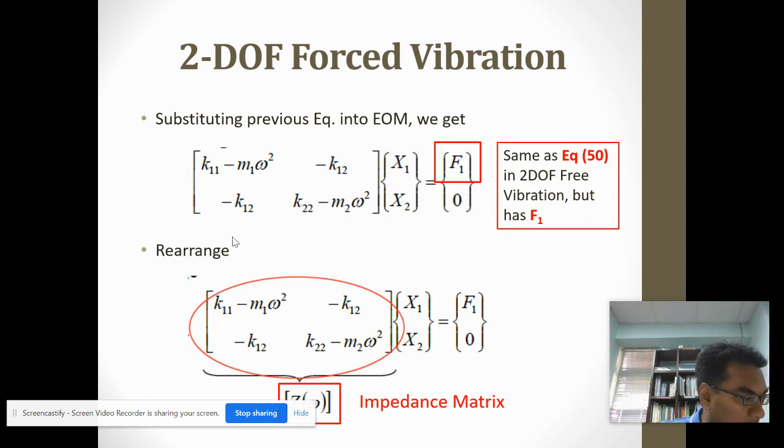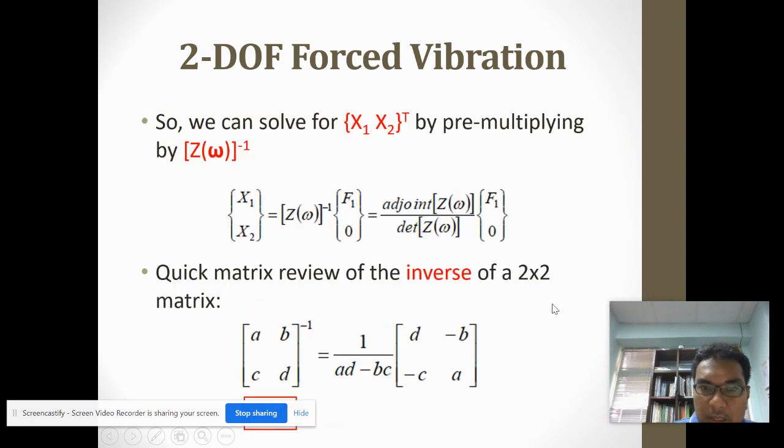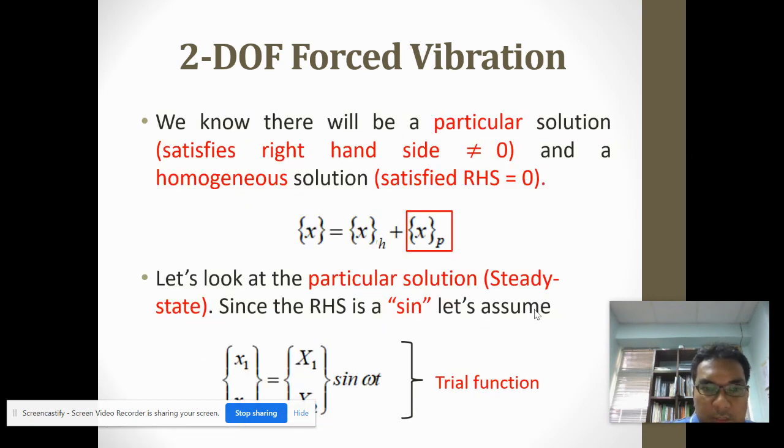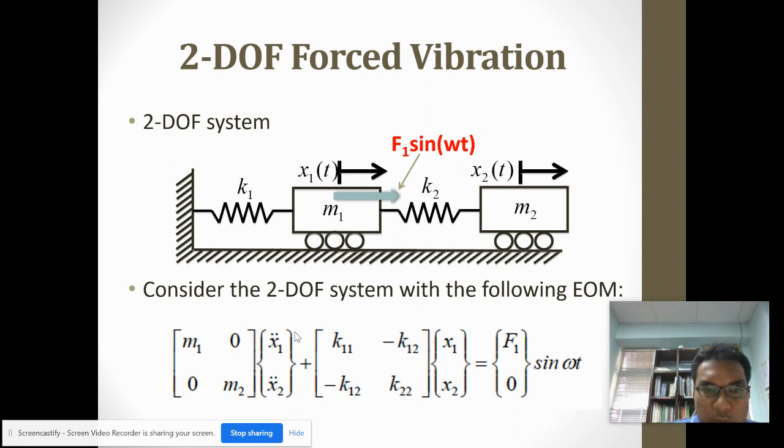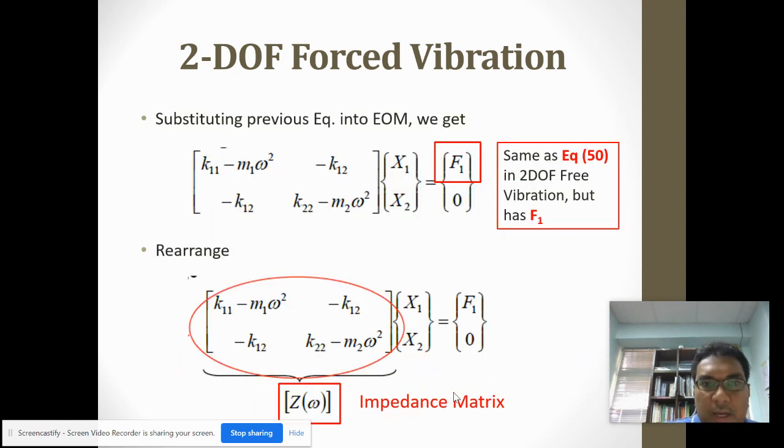Basically, when you include the trial function, we differentiate it to get the expressions, and then you can replace them into the previous equations with x1 double dot, x2 double dot, x1 dot, x1 and x2. Later you will get the final form like this.